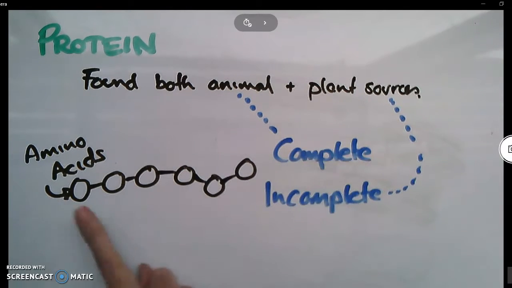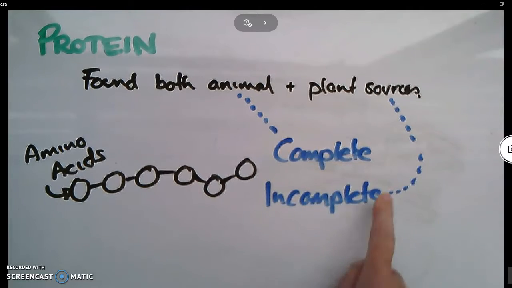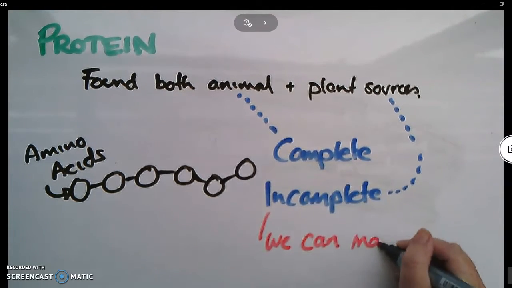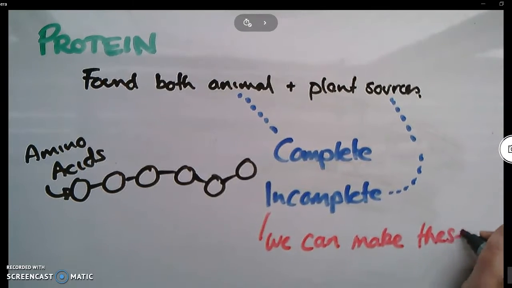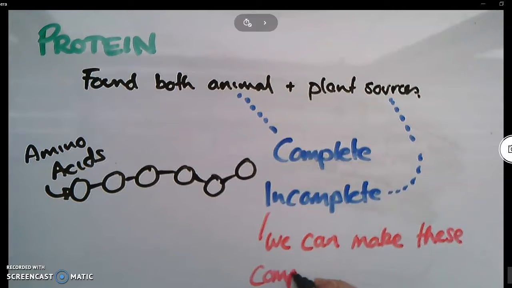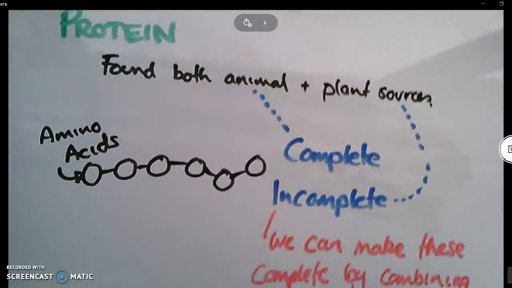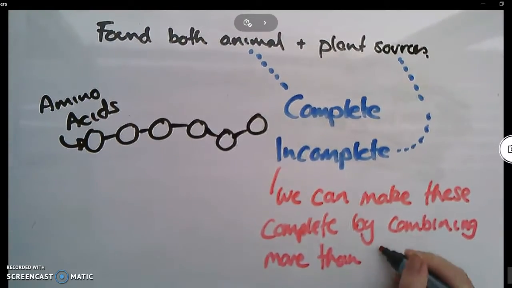But when we're looking at diets, we can actually make incomplete protein complete by combining one or more of these incomplete proteins together, by combining more than one, okay?